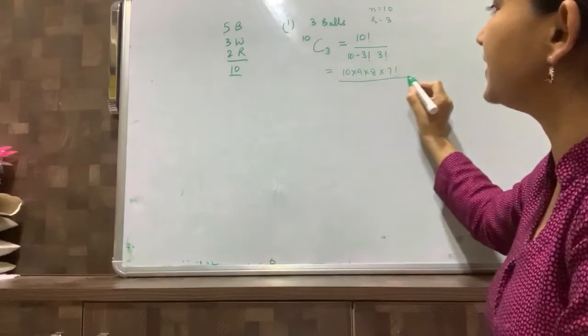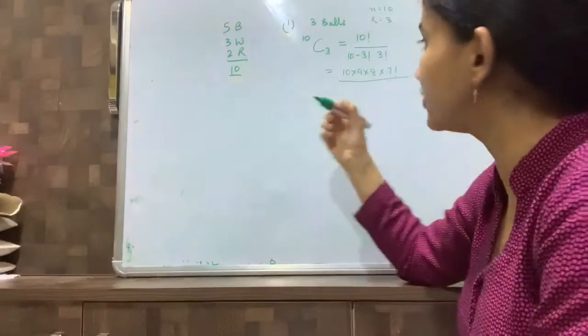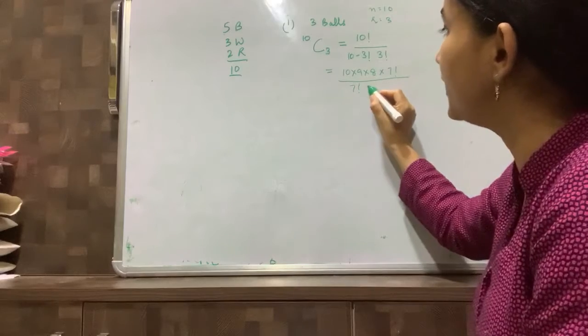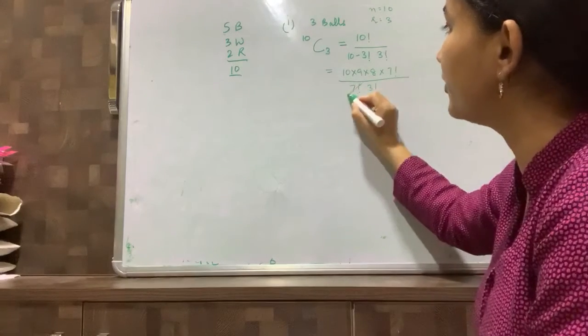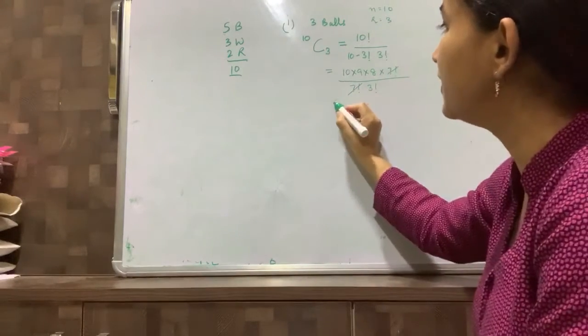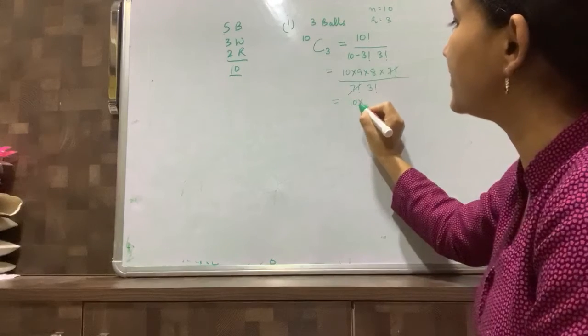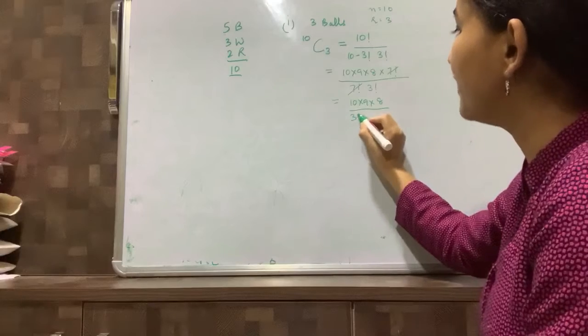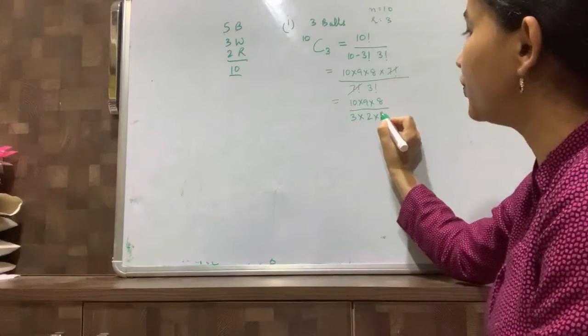We are doing this so that our calculation gets simplified. And here 10 minus 3 factorial, that is 7 factorial into 3 factorial. So 7 factorial automatically cancels out. So we are left with 3 factors in the numerator and 3 factors in the denominator. We have 3 into 2 into 1, right?